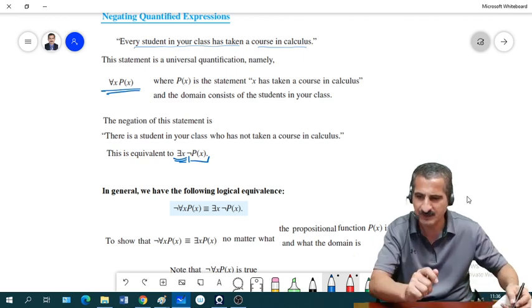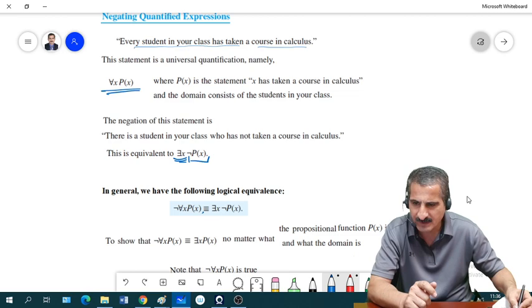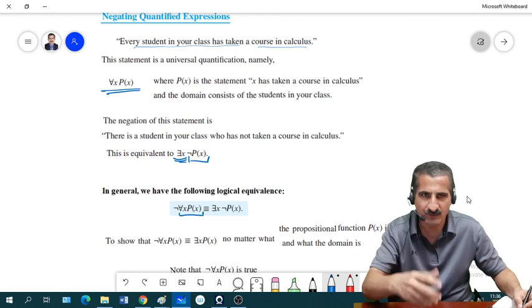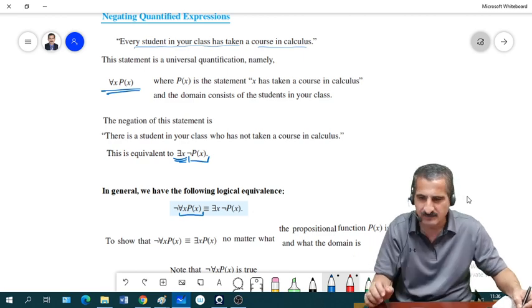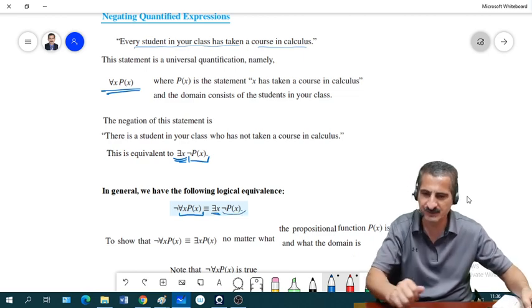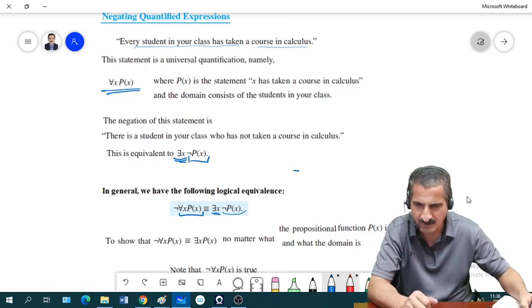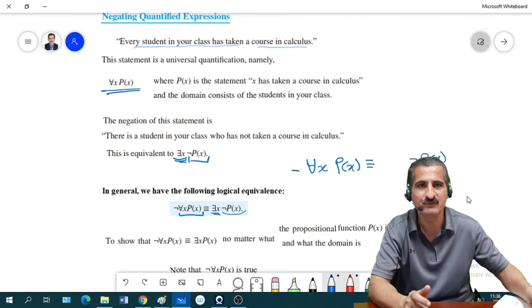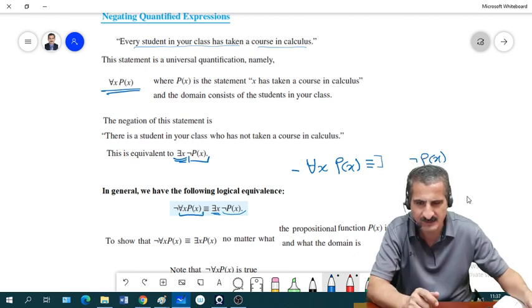So simply, negating this means negating the universal quantifier, making it an existential quantifier, but with negating the propositional function itself. Let me write it here. Negating for every x p of x, making that false, means there exists one element such that the negation of p of x happens.